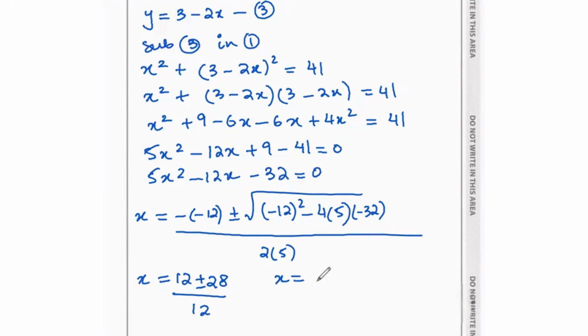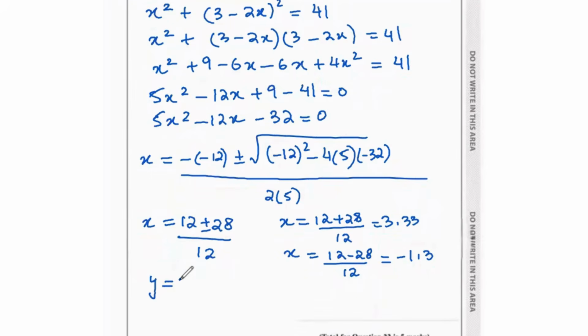So one value of x is going to be 12 plus 28 over 12, which gives us 3.33 recurring, and 12 minus 28 over 12, which gives us negative 1.3 recurring. These are your values of x, and then you substitute them back into the linear equation.